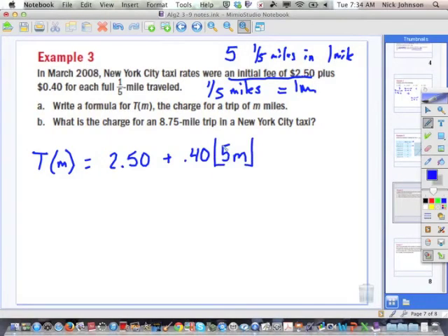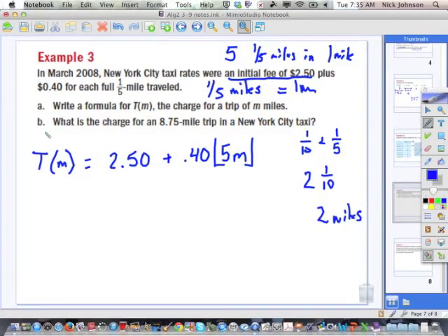Say, for instance, you drove 2 and a tenth miles. A tenth is less than 1/5. So if you drove 2 1/10 miles, you are only getting charged for 2 miles. Does that make sense? So we are rounding down in this case.